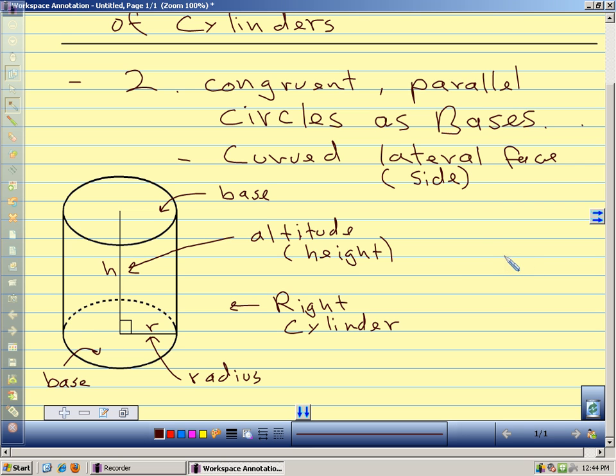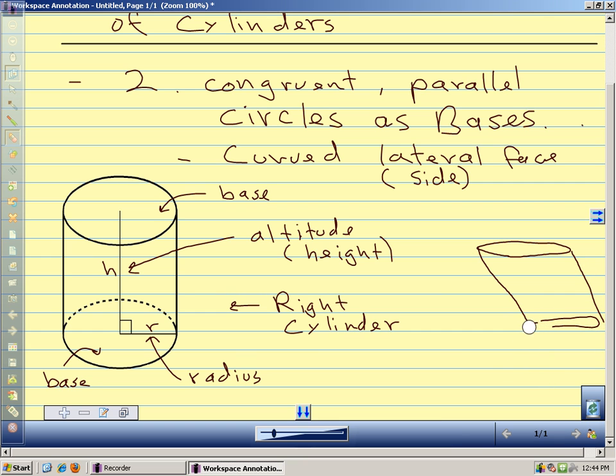If you want to sketch an oblique cylinder, you can just make two oval shapes. I'm going to make an oblique cylinder here and just connect the sides. See if I can connect those a little better. So there's an oblique cylinder.